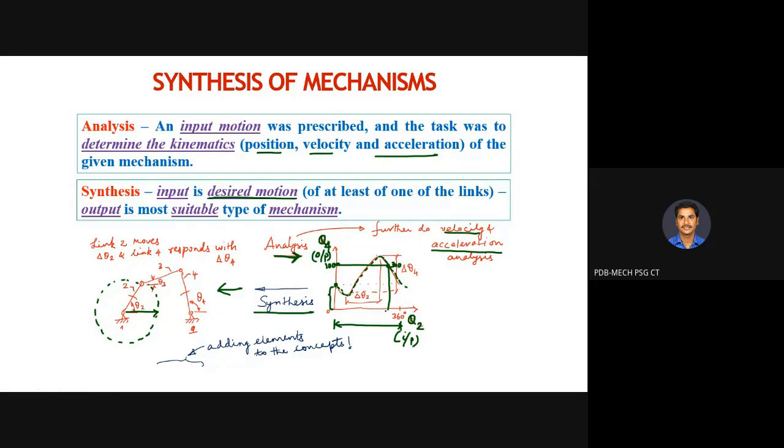Here I decide the function, the input, I decide what I want. Whereas in analysis, we give the input and find out the output, but in synthesis we decide what the input is, what theta 2 and theta 4 are, everything defined, and to achieve this, what mechanism we need to develop.